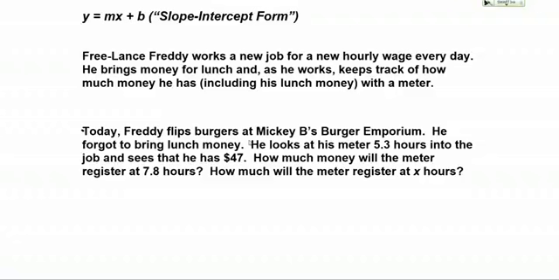First of all, to answer how much money he'll have at 7.8 hours, what we'd like to do is find out what rate. It's quite natural, in fact, to ask at what rate Freddy is earning money each hour.